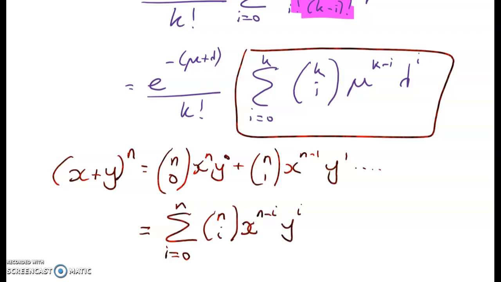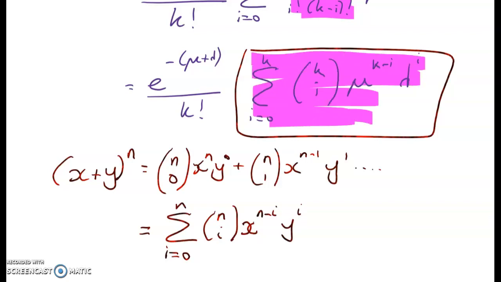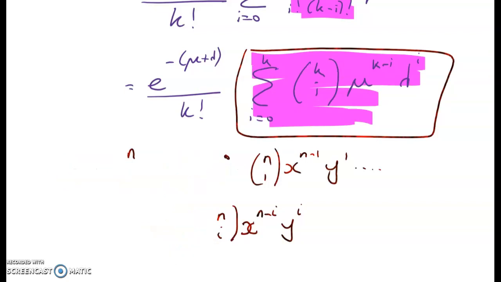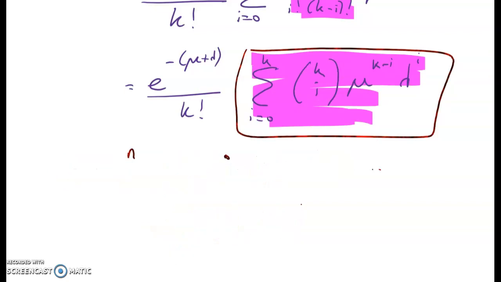So that's my binomial expansion, and that's exactly what we've got here. So we can replace all of that with mu plus lambda to the power of k. So we're working backwards from my binomial expansion.